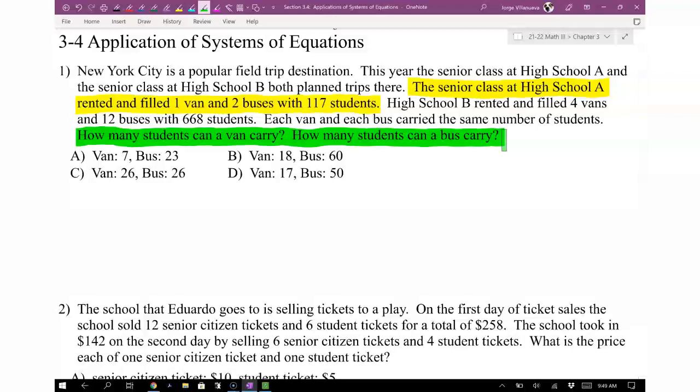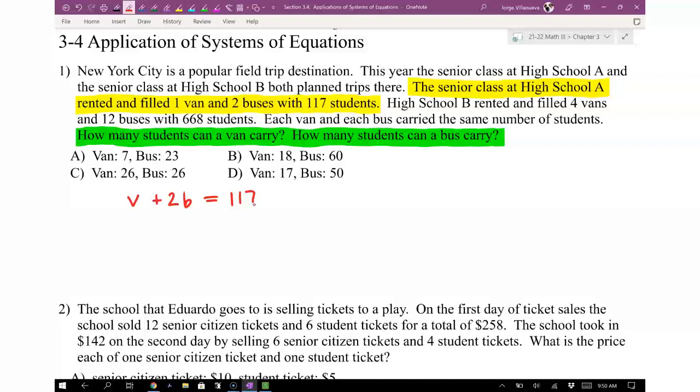So how can I write that yellow sentence there? Senior class High School A rented 1 van and 2 buses, so 1 van plus 2 buses with how many students? 117. Remember, V is how many students are in a van.